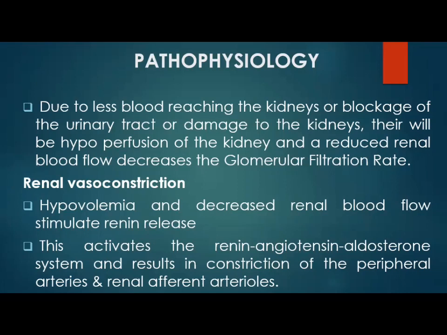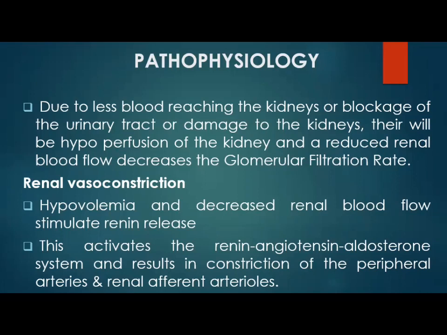Hypovolemia, meaning less blood in the body, will be sensed in the glomerulus. The glomerulus will sense that there is less blood. So there will be the activation of the renin-angiotensin aldosterone system. This system will release renin because there is hypoperfusion and hypovolemia.